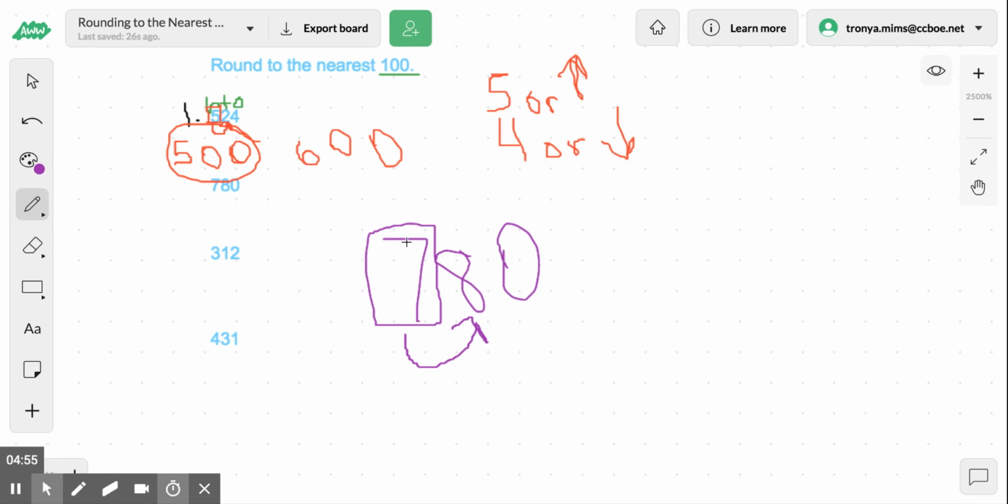So we need to raise the score. So the 7 is going to get up and change into an 8. And then the other two digits become a 0 because we're rounding to the nearest hundred. So that means that 780 is closer to 800 than it is to 700.